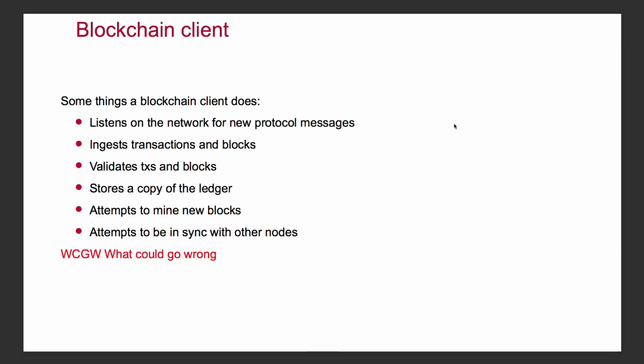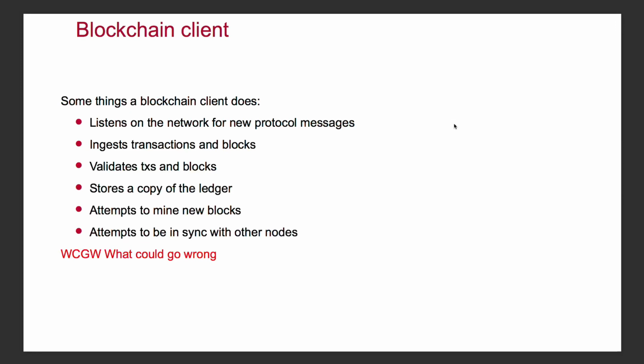So let's take a look mechanically. What does a blockchain client do? Take the Satoshi blockchain. It listens on the network for new protocol messages. Typically, this is not something like a REST API; it's usually some kind of custom protocol. It ingests transactions and blocks. Nodes send transactions and blocks to each other, and each node validates them. They store a copy of the ledger, basically who owns what at the moment.